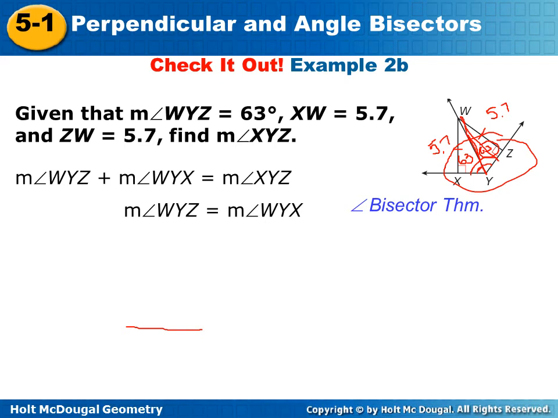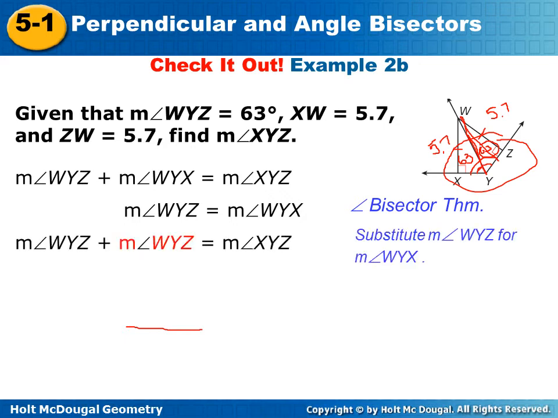We also know that the measure of WYZ is equal to WYX because of the angle bisector theorem. So we substitute, finding that the measure of WYZ plus WYZ equals the measure of XYZ.